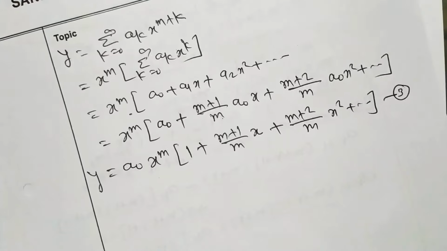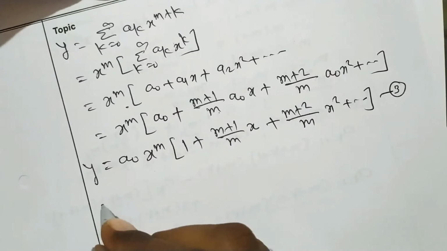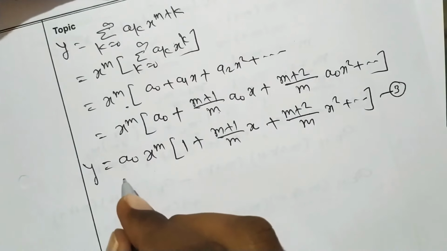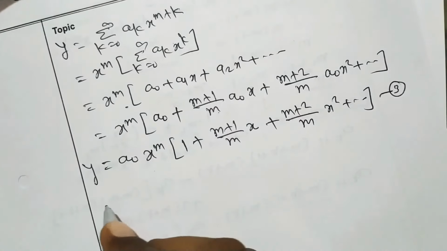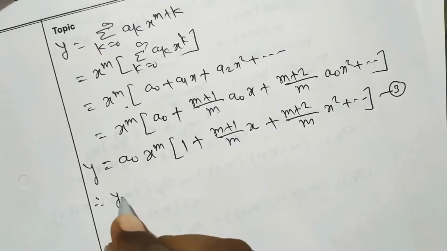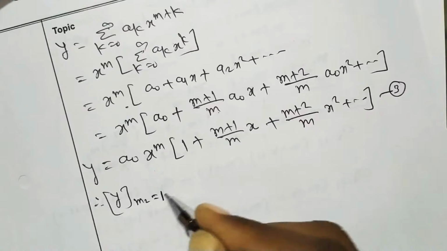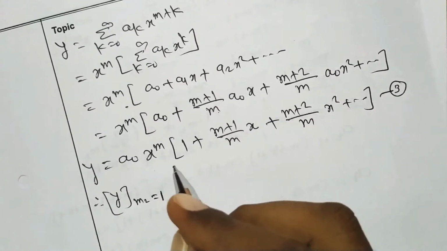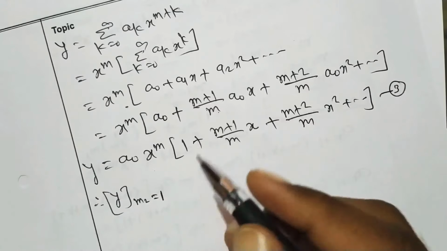Now what do we want for the solution? We know here, or we get here two values of m. First one is m equal to 0 and second one is m equal to 1. So we have to find the value of y at m2 equal to 1 maximum, and the value of dou y by dou m at m1 equal to 0.